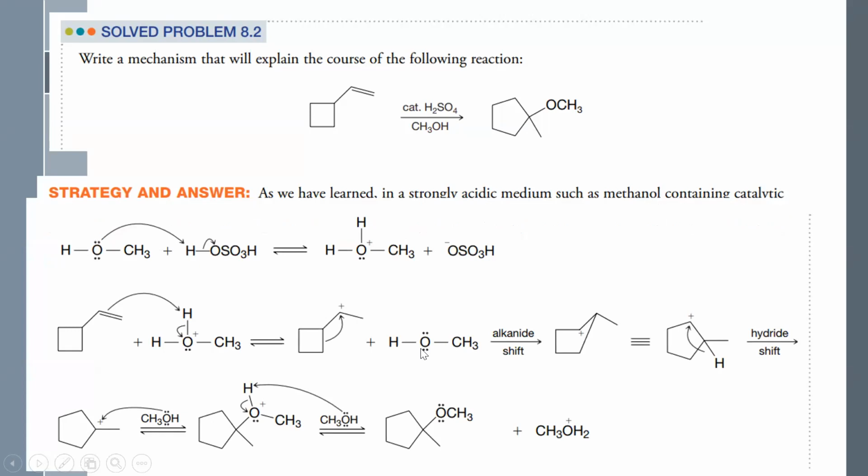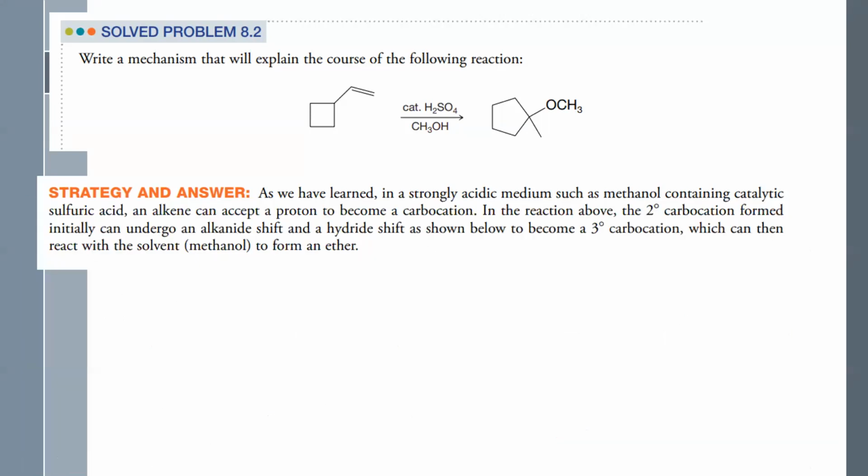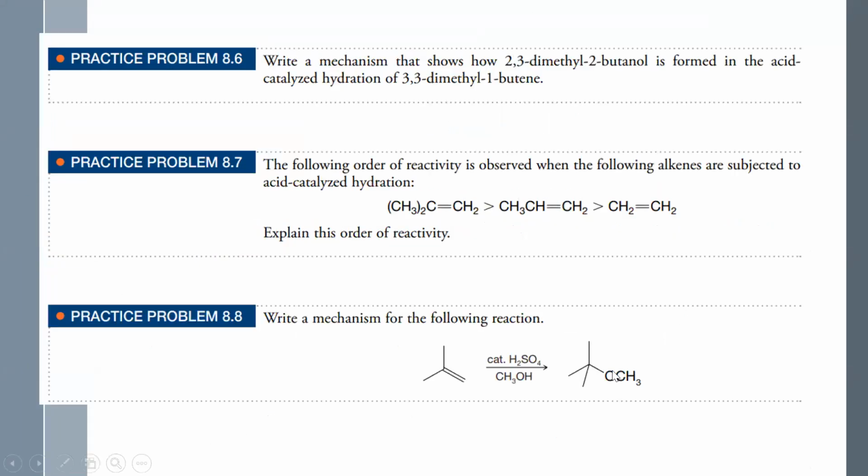Okay, so you can propose this problem is similar to this problem here. Here you're supposed to have your OH and you have your OH. And what happens is that you have your OCH3 and hydrogen here.